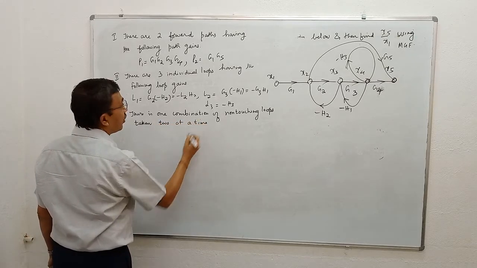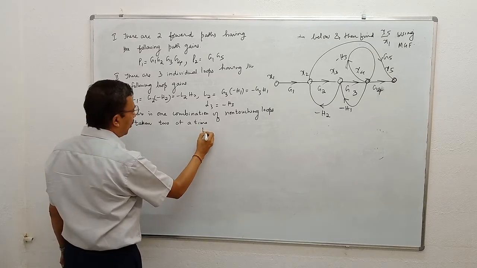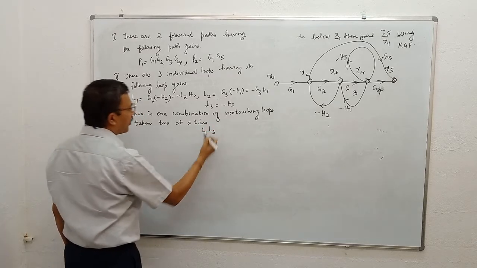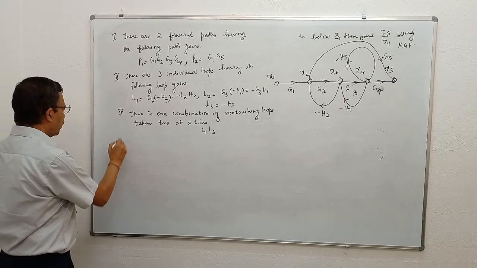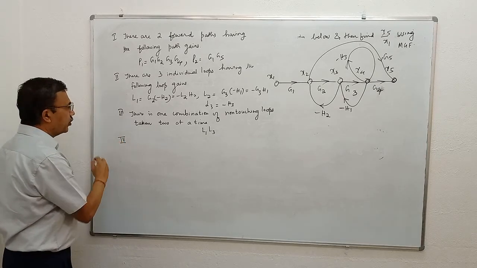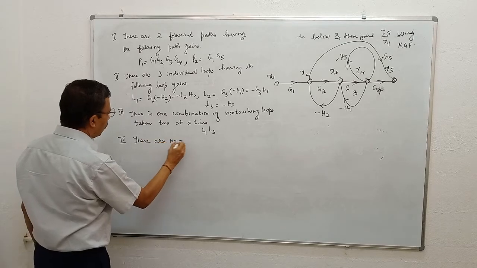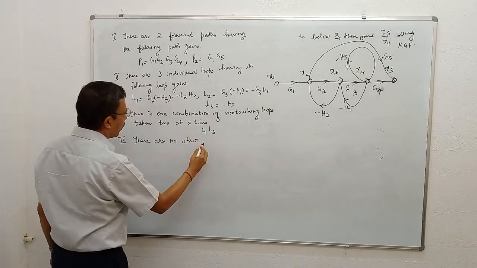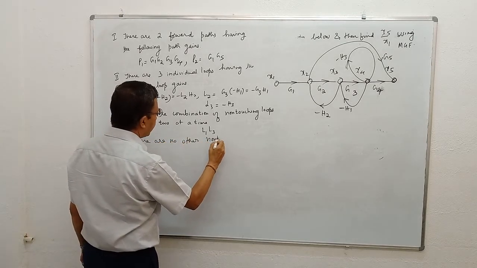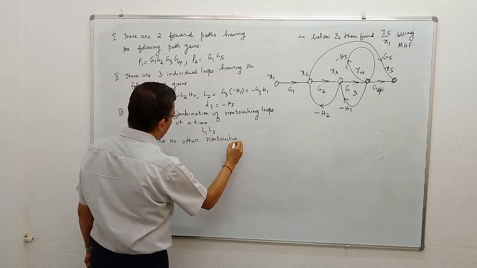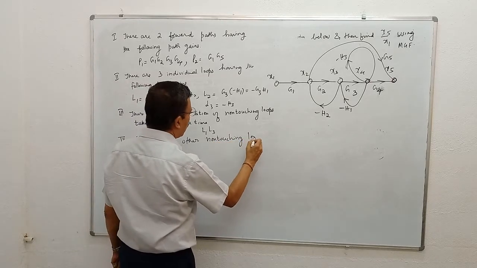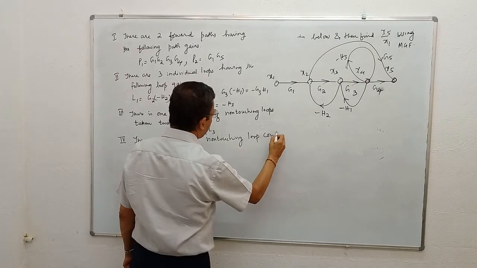What is that combination? That combination is L1, L3. Step number 4. There are no other non-touching loop combinations.